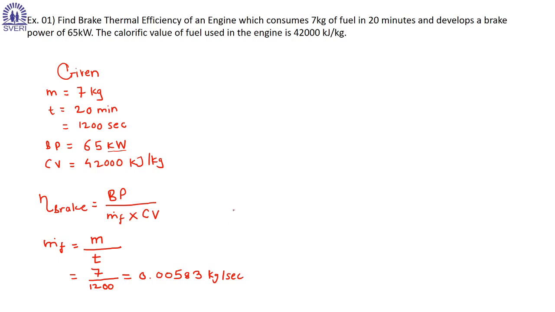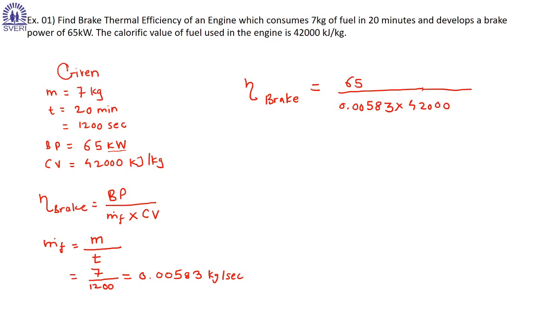Now we just put these values into the formula for brake thermal efficiency. Brake thermal efficiency will be equal to brake power, 65 kilowatt, divided by the mass flow rate of fuel, which we just calculated, 0.00583, into the calorific value, 42,000.